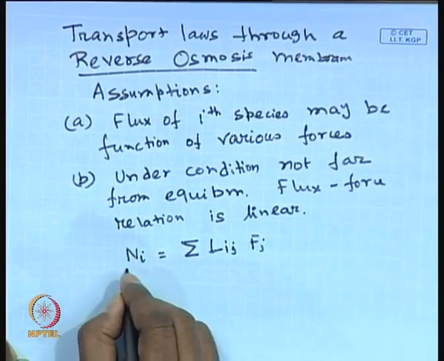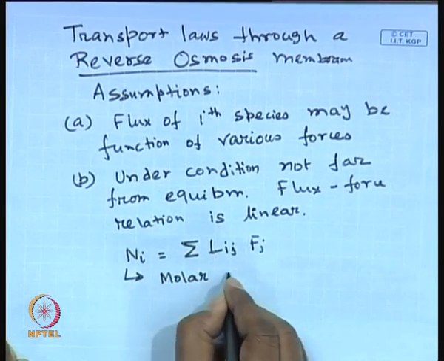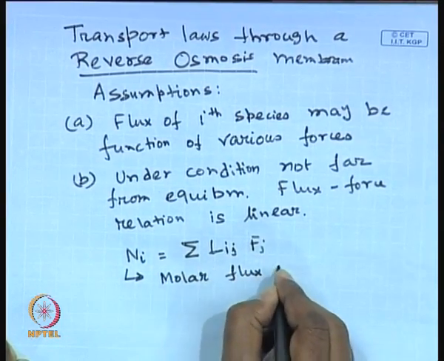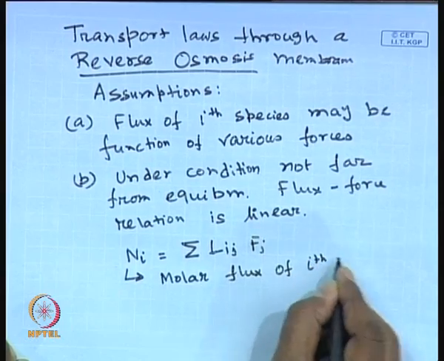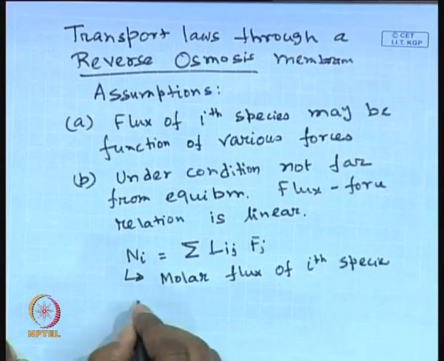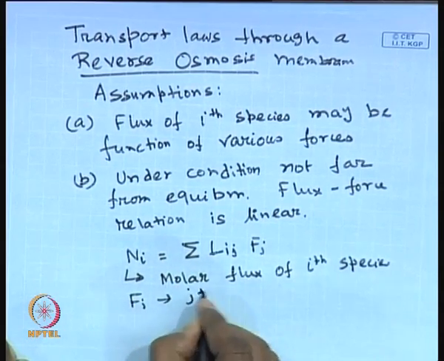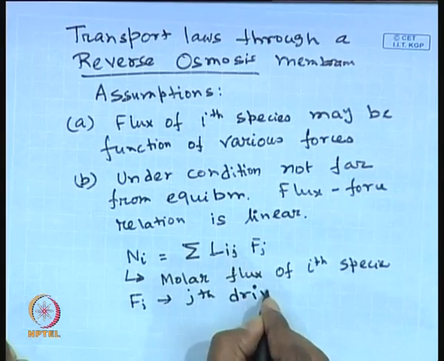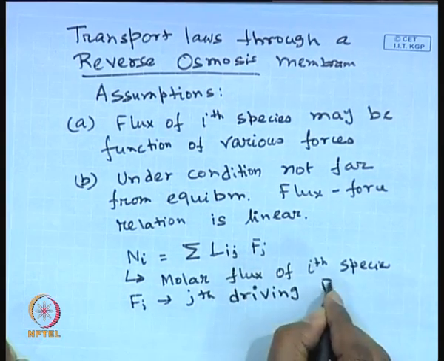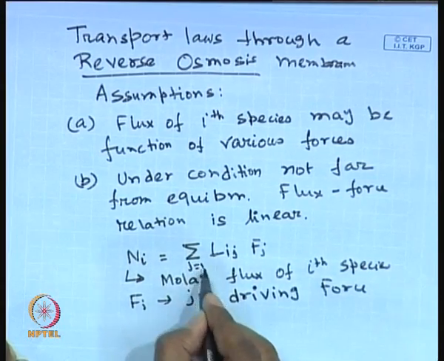Ni is the molar flux of the ith species, Fj will be the jth driving force, and this summation is over j from 1 to n.